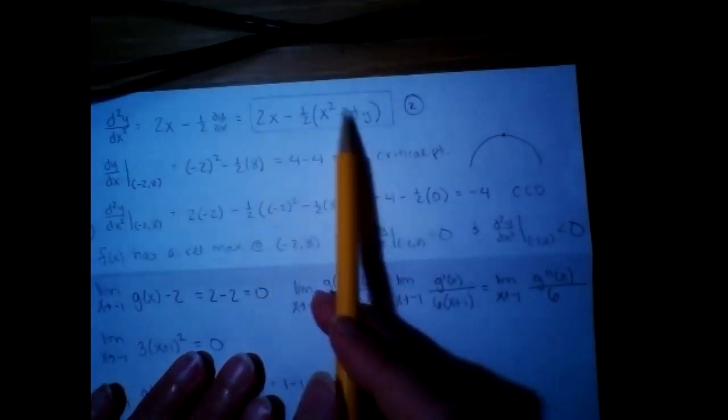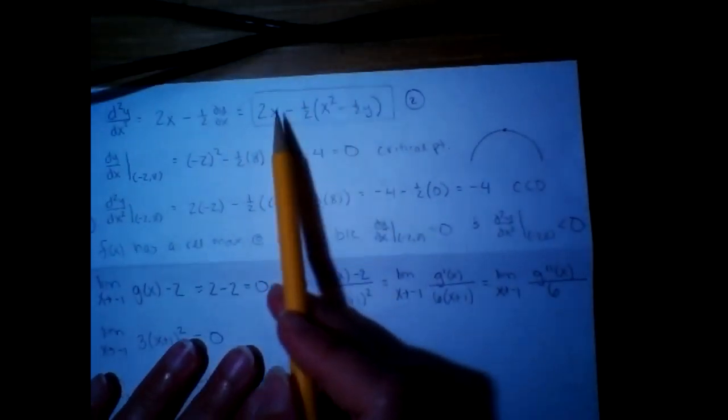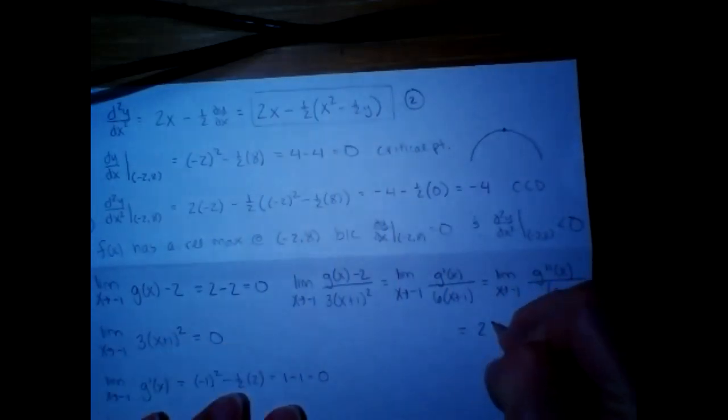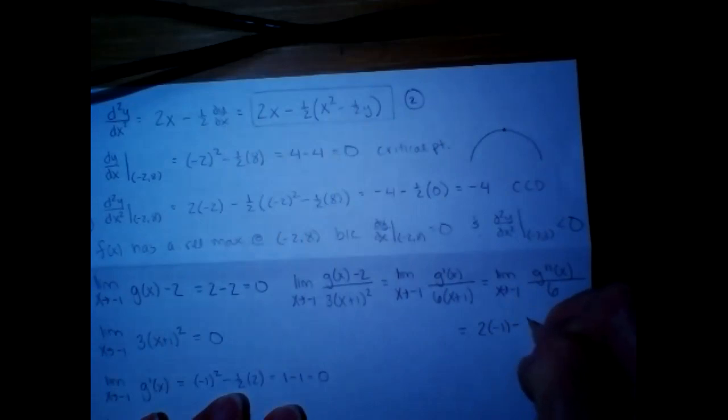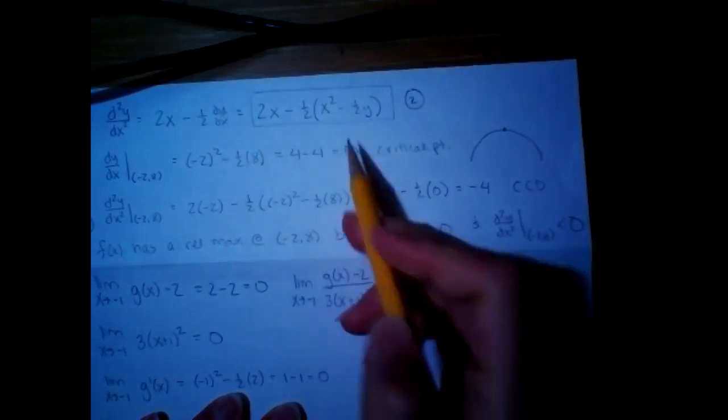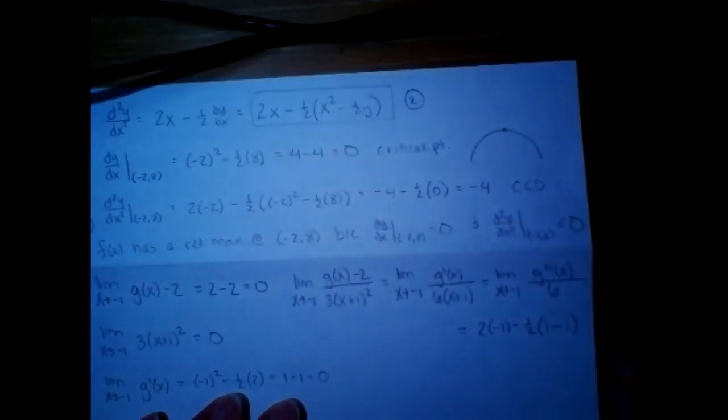So again, it's -1 for x, 2 for y into this second derivative that we found in part A. So that is gonna be 2 times -1 minus 1/2, and then -1 squared would just be 1, and then minus 1/2 times 2 would be 1. Again, it was the point -1, 2, and then over 6. And you don't have to simplify that down. You can just leave it like that.